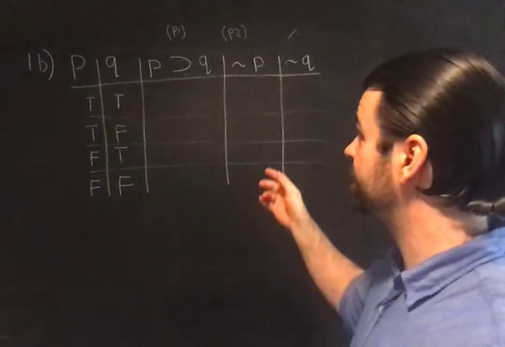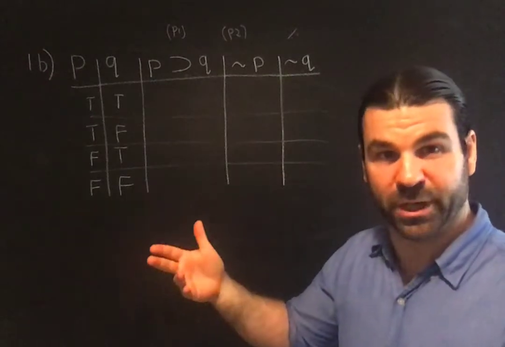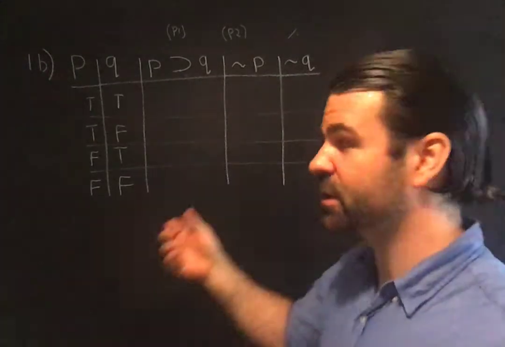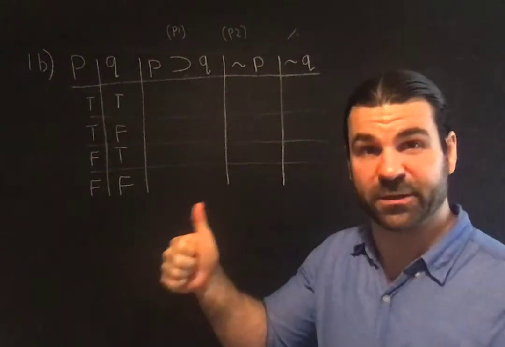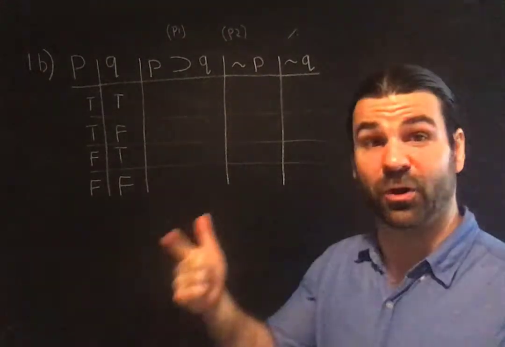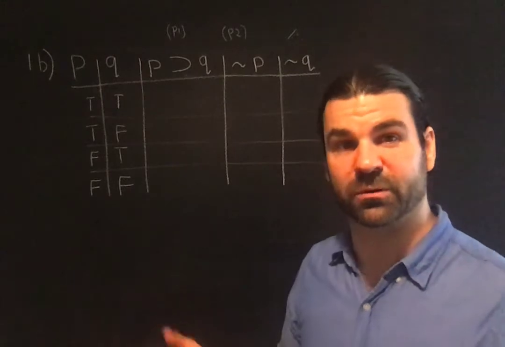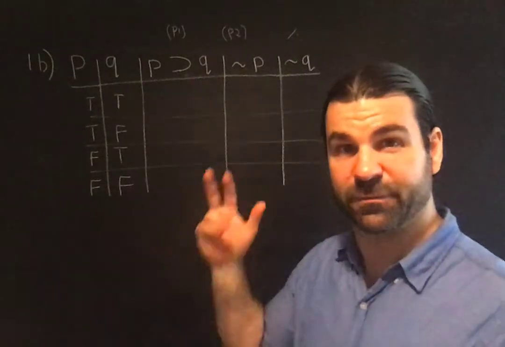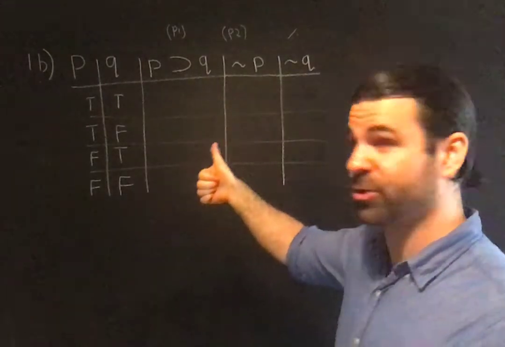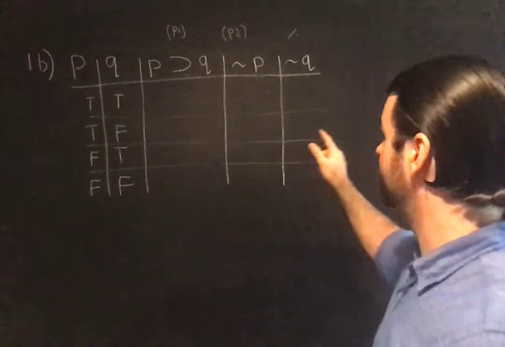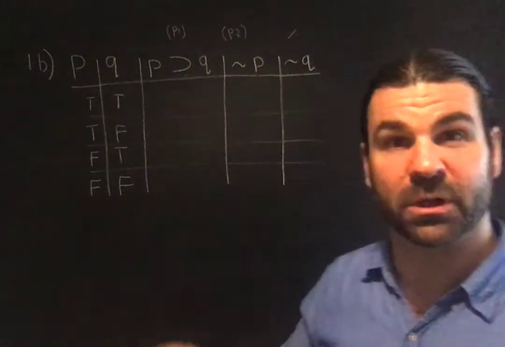What does it say? Just reading the symbols: if I'm given if P then Q, and also given not P, question: am I entitled to infer not Q? Can I infer with certainty that if P then Q and not P are true, then not Q is true?